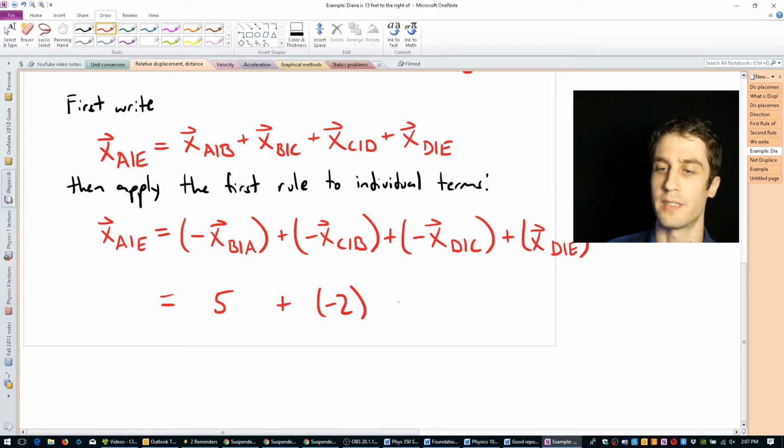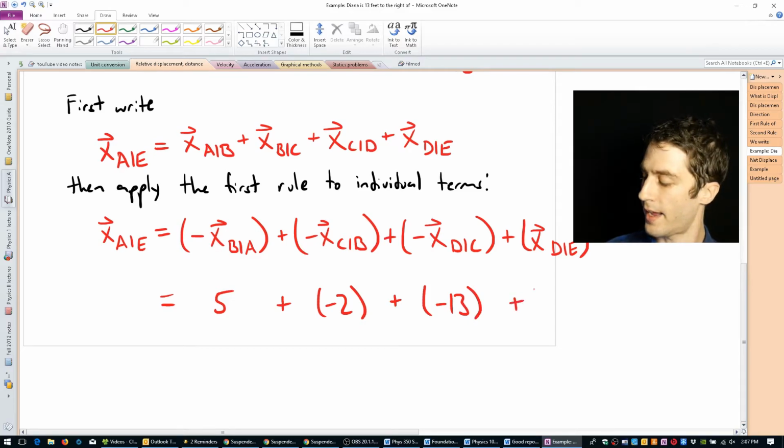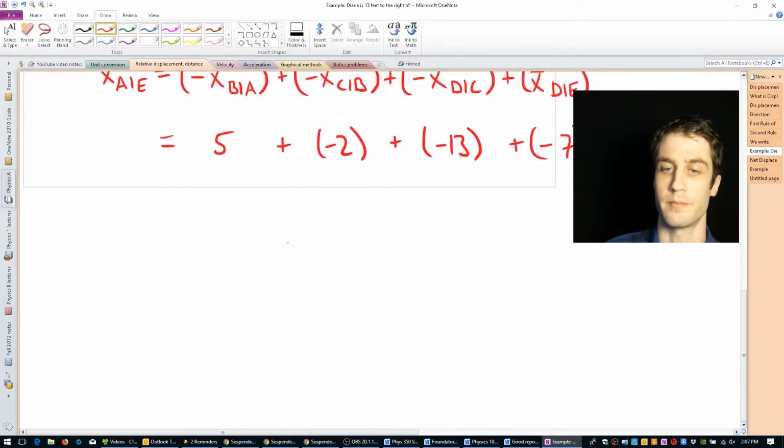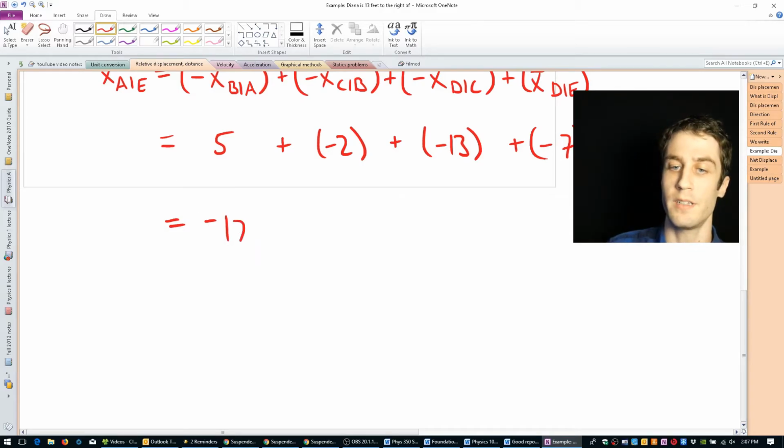Negative xd relative to C is -13. And positive xd relative to E is -7. Go ahead and again check the problem statement and make sure that I've plugged in these values correctly. Add those all up, and we get -17 feet, which according to our coordinate system is 17 feet to the left.